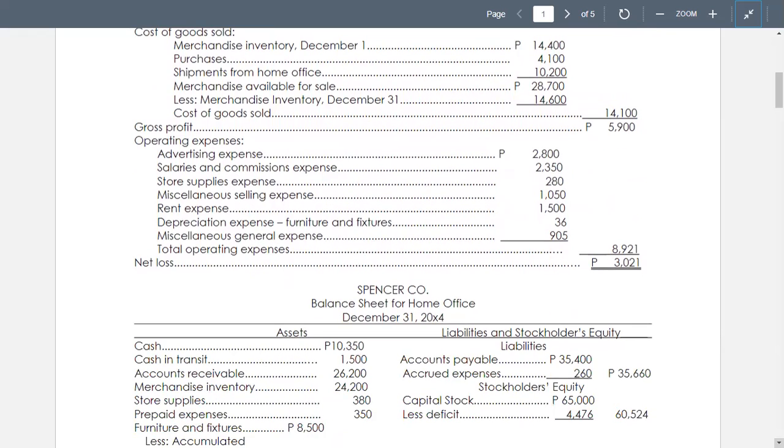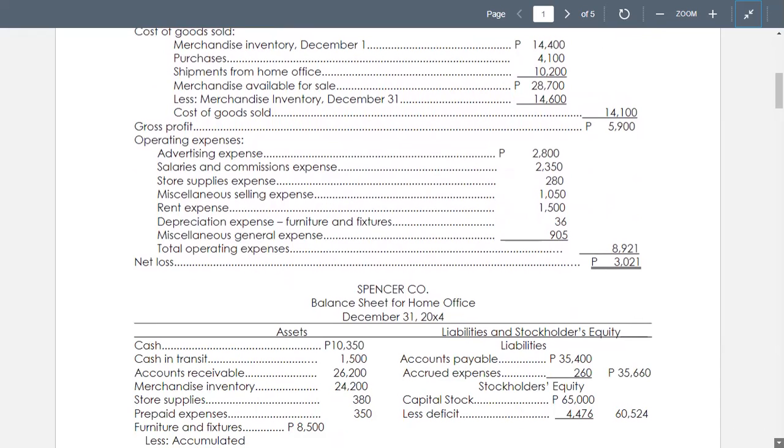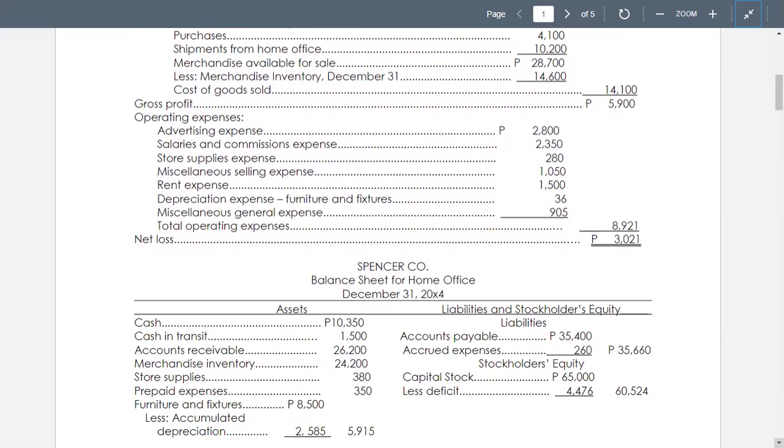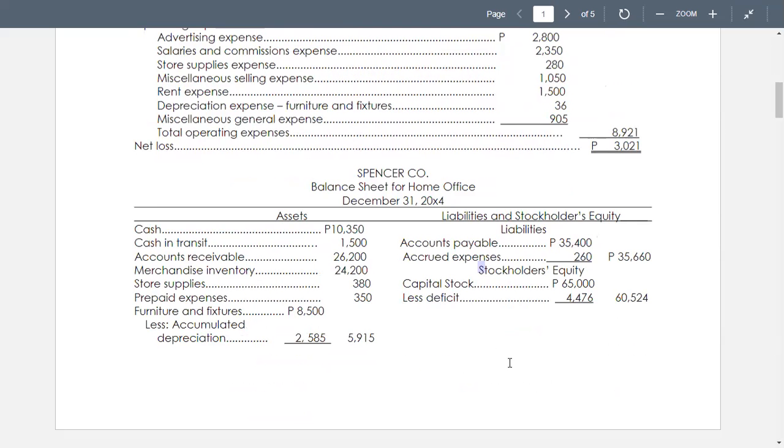Now we go to the balance sheet of the home office. For the balance sheet of the home office, you can merely refer to the balance sheet column or the assets, the liabilities, and the shareholders' equity of the home office. So now you have your assets. You merely look at your last two columns in your worksheet.